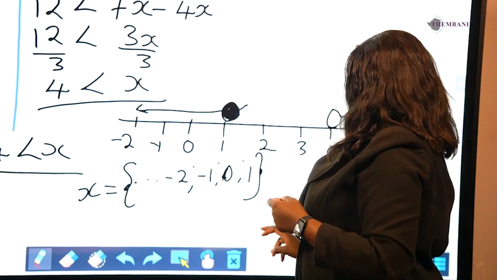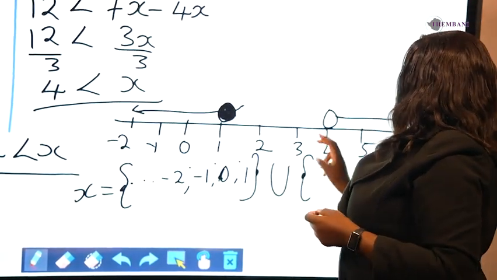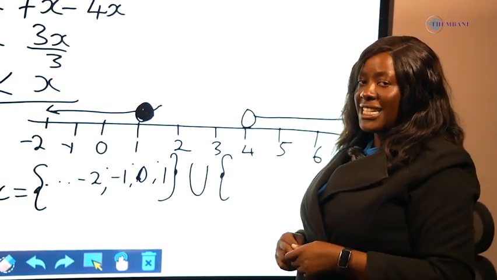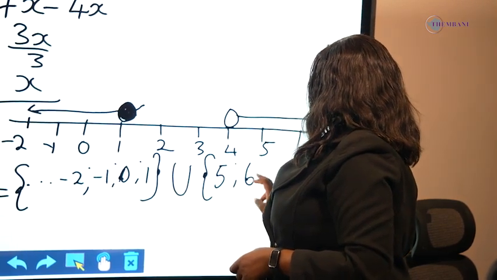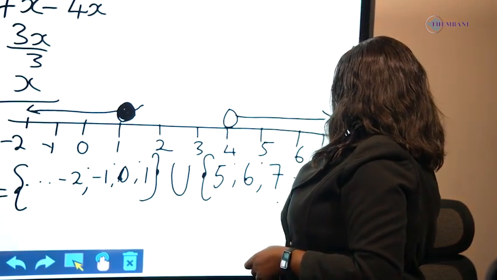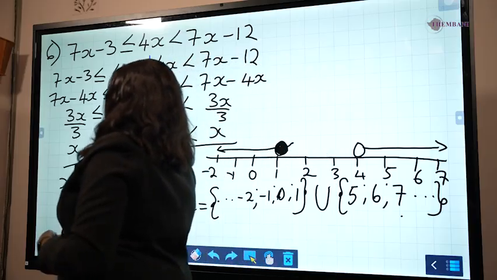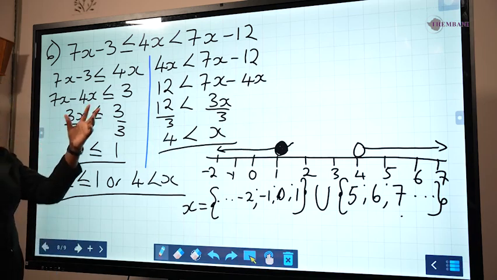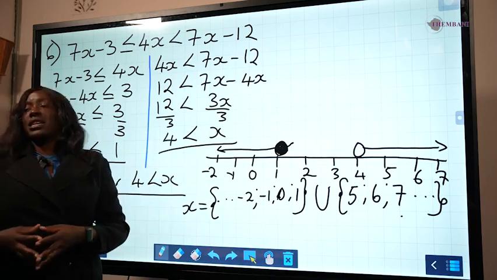Then we close the set and we are saying this is union of. We are not taking the value of 4 because it is not included. We haven't shaded that. So we are starting from 5, 6, 7, and so on. These are the solutions that we have for this inequality. This is the solution. We solved it, we represented it on a number line, and then we have the solution set.